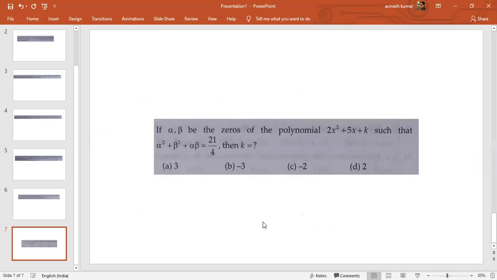If alpha and beta are zeros of the polynomial 2x square plus 5x plus k, that is alpha square plus beta square plus alpha beta will equal to 21 by 4, find k.